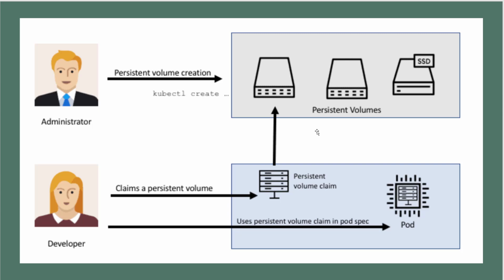The persistent volume is created by the Kubernetes administrator. This persistent volume looks like a pool of volumes. Sometimes the volume is located on a local server, sometimes on fiber channel, and sometimes on cloud storage.